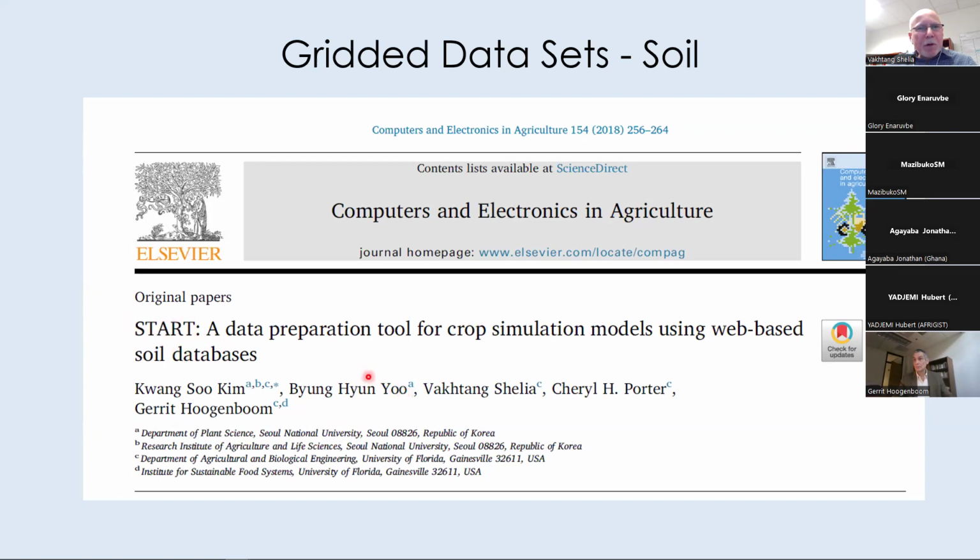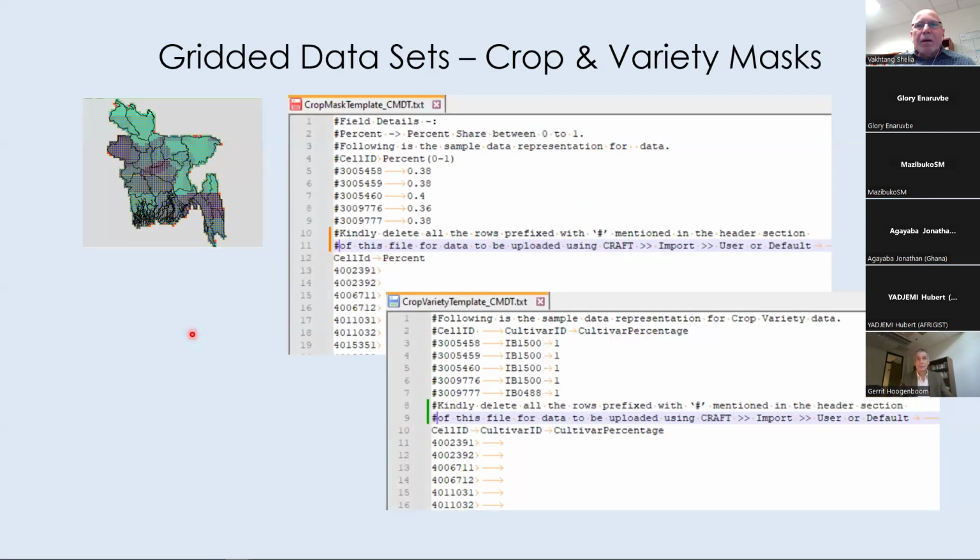You can check this paper and get this tool START that allows, based on latitude and longitude, to get the soil profile from the global soil profile data set automatically and use it for your purposes. So I already covered two very important data sets: weather and soil.